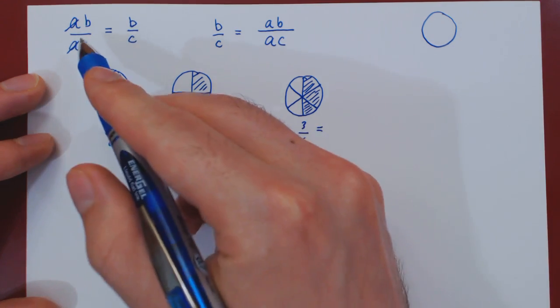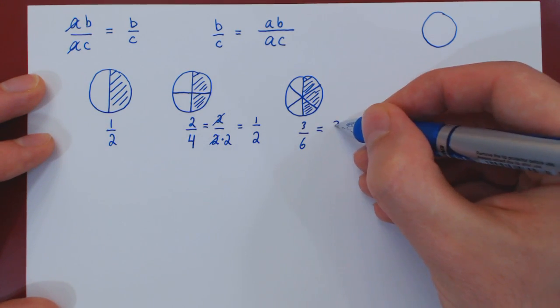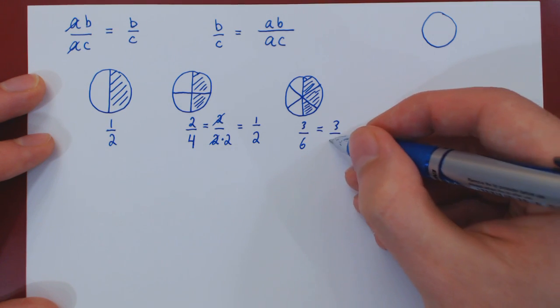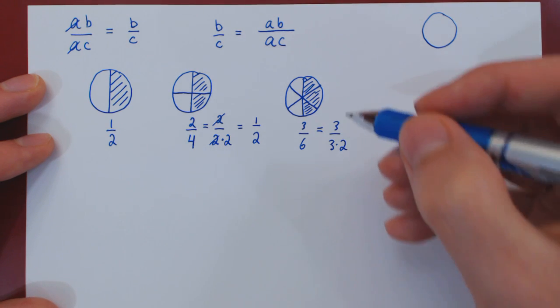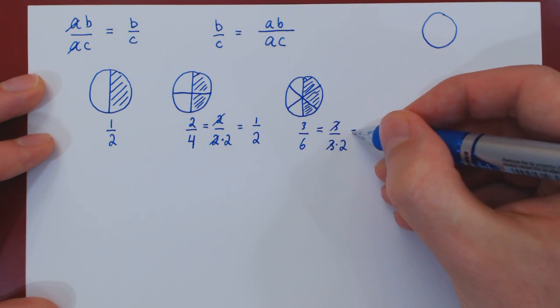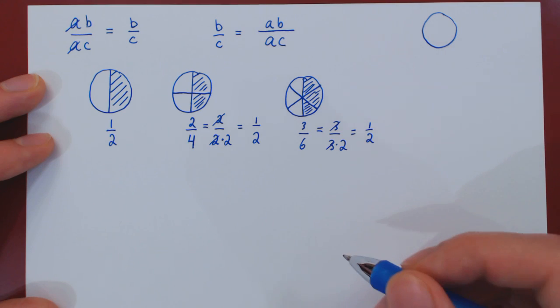And thinking of this property and factoring, of course 6 is 3 times 2, a common factor of 3 top and bottom, which can be cancelled, leaves us once again with 1 over 2.